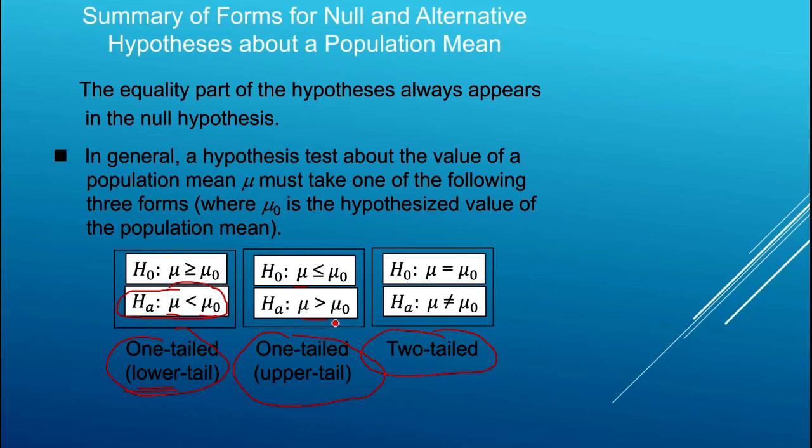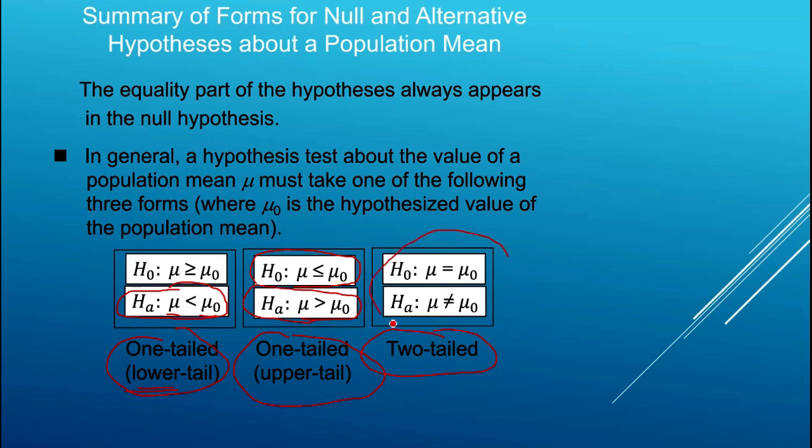Right? So if we desired to show, as a research hypothesis, that average IQs are actually greater than 100, we would state that as our alternative, put the burden of proof against ourselves, and require a lot of sample evidence against the null hypothesis, which is stated as the opposite, that average IQ scores are less than or equal to 100. And then there's always the possibility of doing a two-tailed test, where the null hypothesis is that average IQ is exactly equal to 100, and the alternative is that it's not.